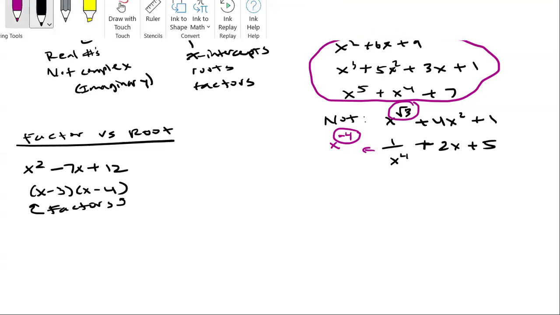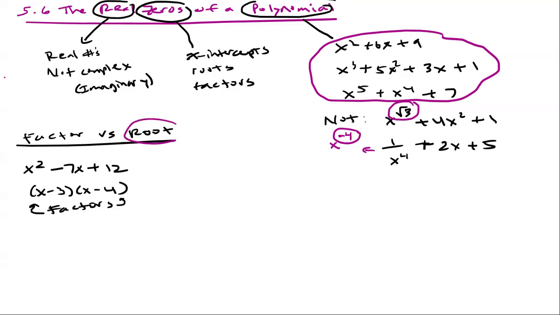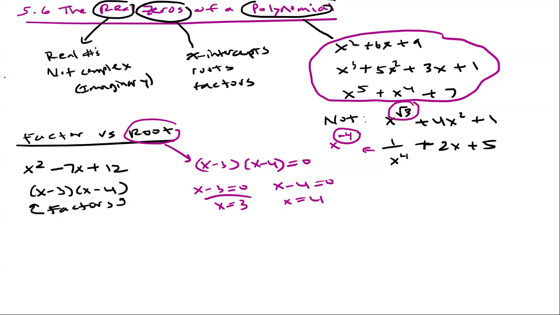Now, if we want the root, then we would take those factors, the x minus 3 and the x minus 4, and we would set them equal to 0. So it would be x minus 3 equals 0 and x minus 4 equals 0. So x equals 3 and x equals 4. They are your roots. These are the roots right there.